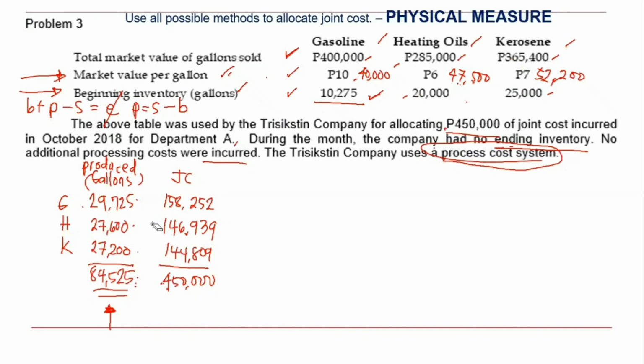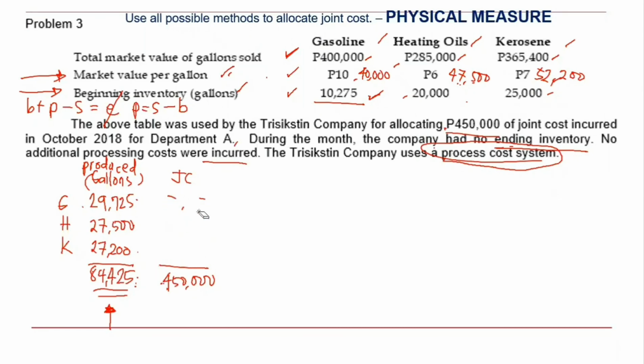So that would be, Control E. This should be 27,500, right? So ang total natin is 84,425. Let's solve again. So it's 29,725 plus 27,500 plus 27,200. So 84,425, that's correct.